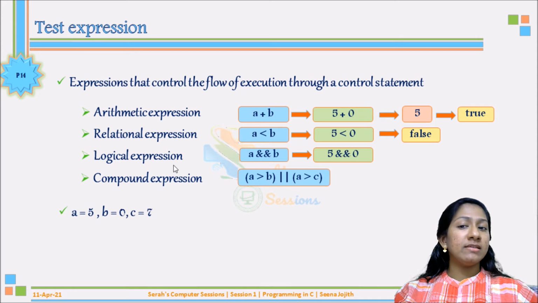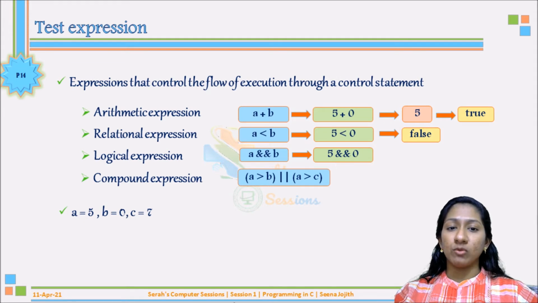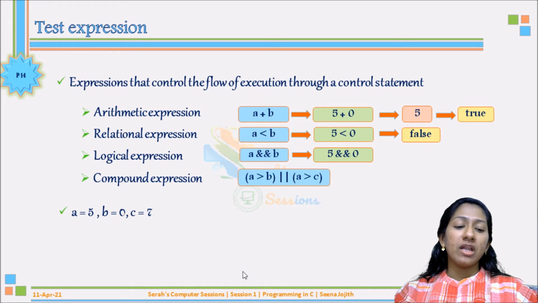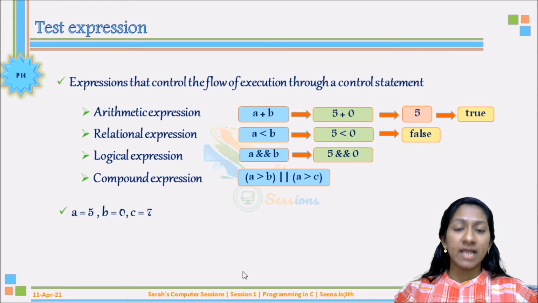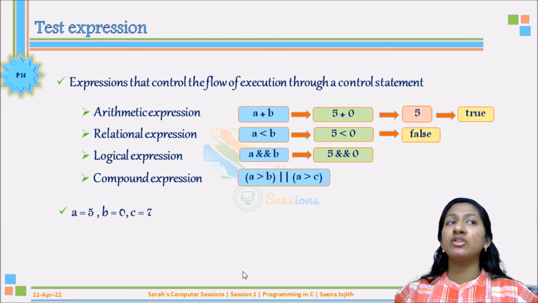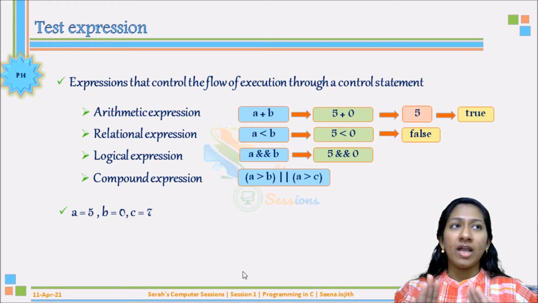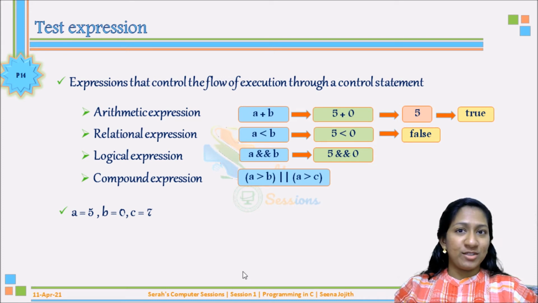Okay, let's see the logical expression evaluation, and what value it will evaluate to. Here a is given 5 and b is given 0. Since it is a logical AND, the principle behind logical AND is that both the left hand side and the right hand side should hold a positive value, I mean a non-zero positive value.